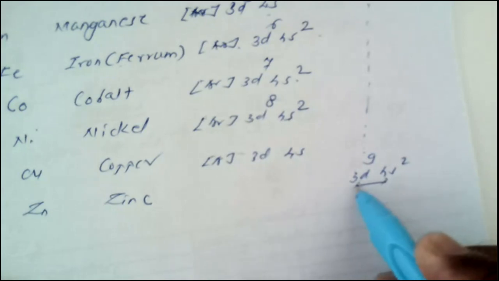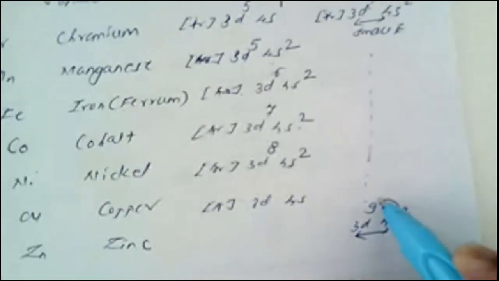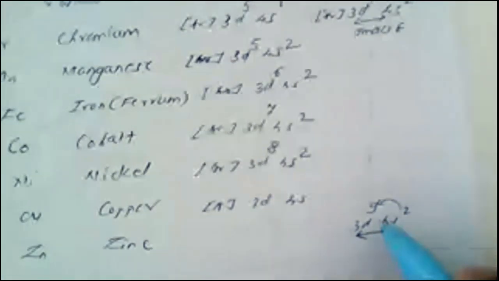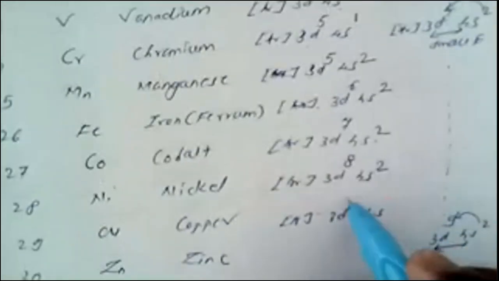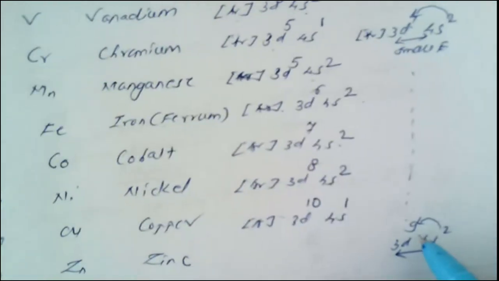Because 3d and 4s orbitals are very close in energy, again one electron gets exchanged with the 3d orbital, and promotion of such an electron requires very little energy, and hence the electronic configuration becomes 3d10 4s1 instead of 3d9 4s2.